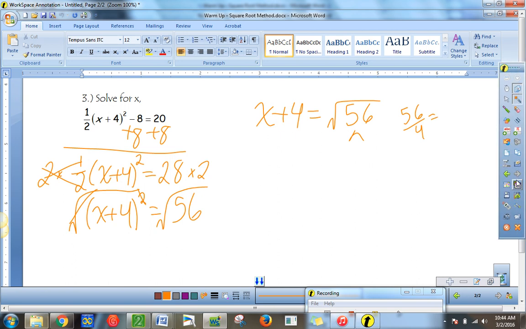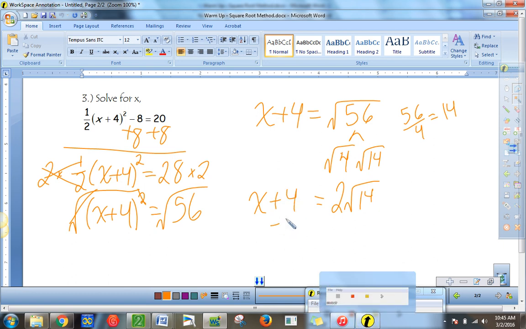What's 56 divided by 4? 14. Can 14 be broken down anymore? Are there any perfect squares that go into 14? No, then you can just stop right there. 2 square root of 14. And if you want to jump and write a 2 right away, that's fine. That does not bother me at all.